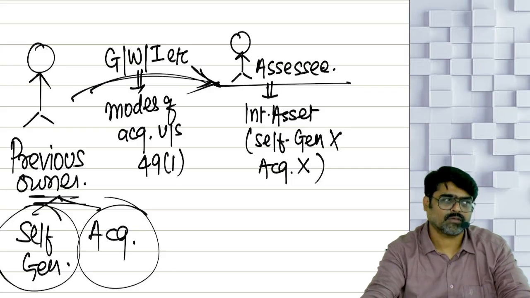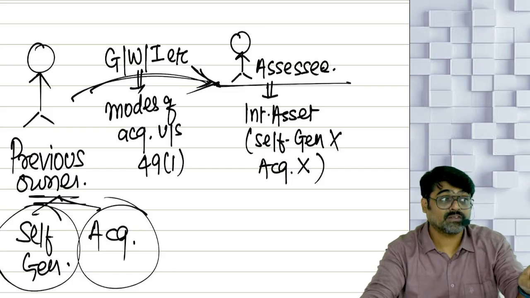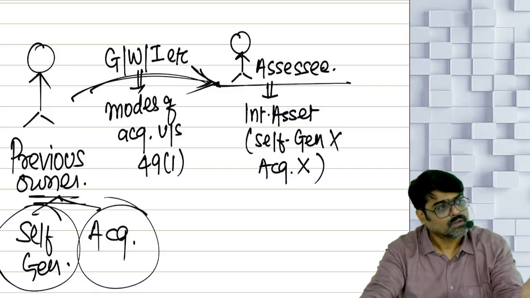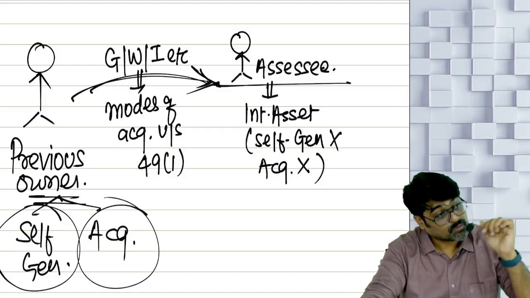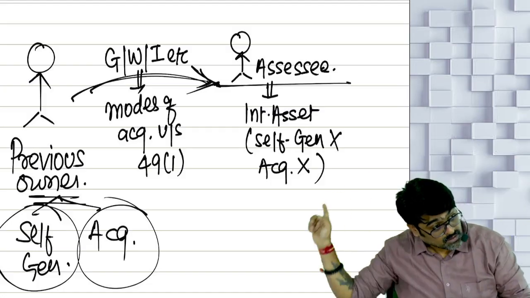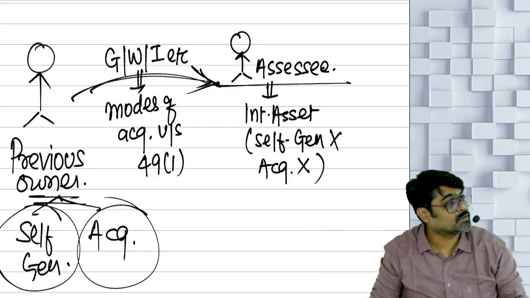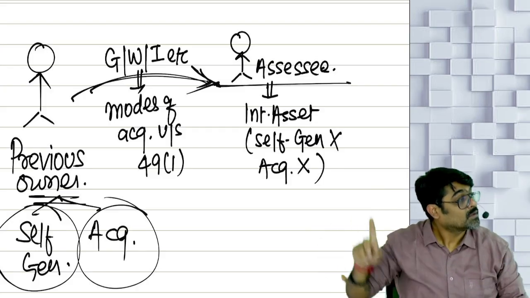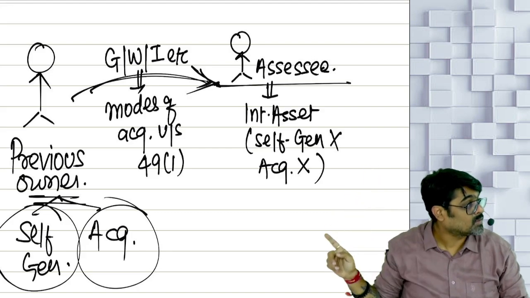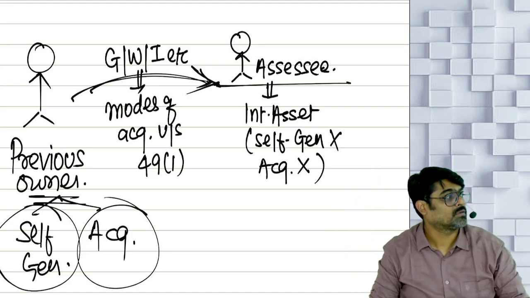What will be your cost of acquisition? You have acquired through a mode specified under section 49(1). So what will be your cost? The cost to the previous owner. Now we have to see who the previous owner was, and whether he self-generated or acquired this goodwill. You came to know that your previous owner acquired that goodwill for 2 crores.